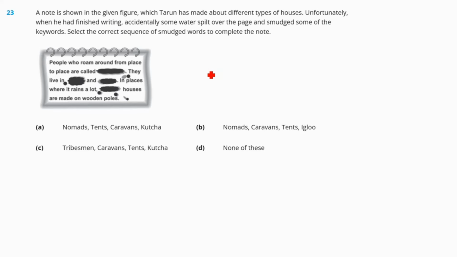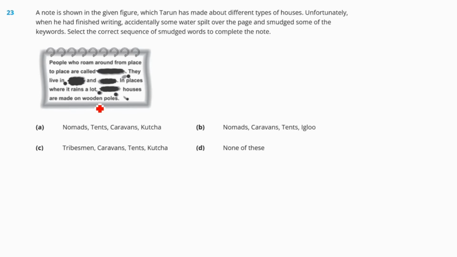Question number 23. A note is shown in the given figure which Tarun has made about different types of houses. Unfortunately, when he had finished writing, accidentally some water spilled over the page and smudged some of the keywords. Select the correct sequence of smudged words to complete the note.